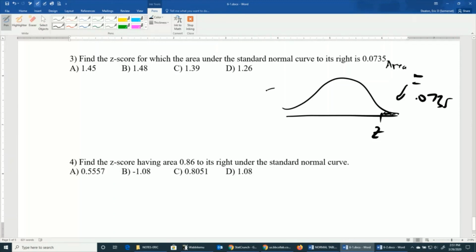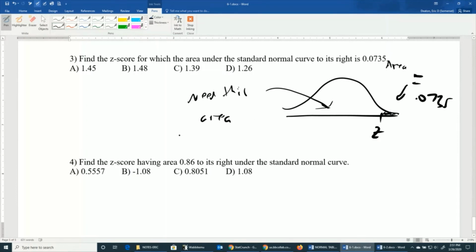So what that means is I need this area. Remember, I'm looking for the z-score, so that the area is 0.0735, which is the same thing as saying the area that's to the left of the z-score. But how do I get that area?